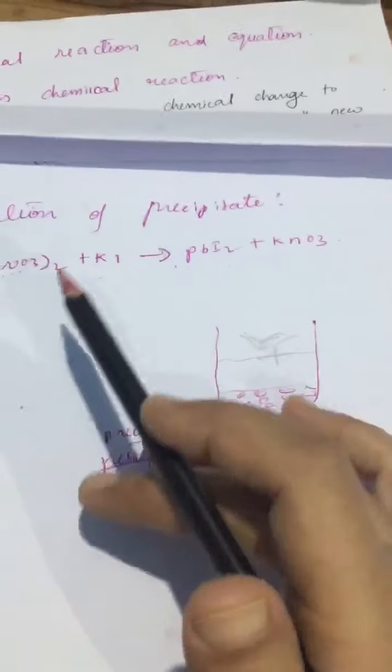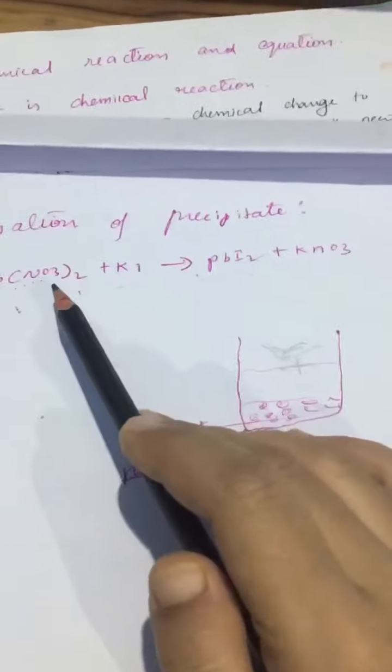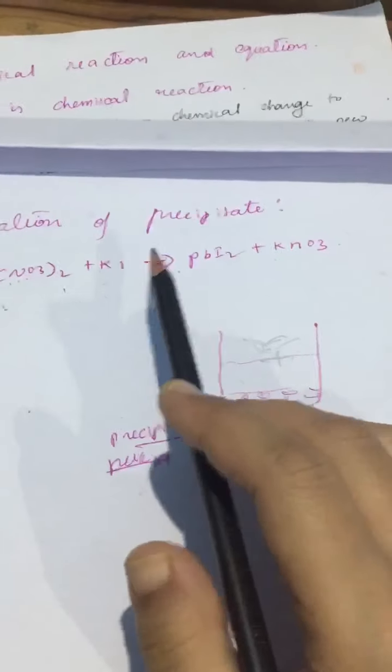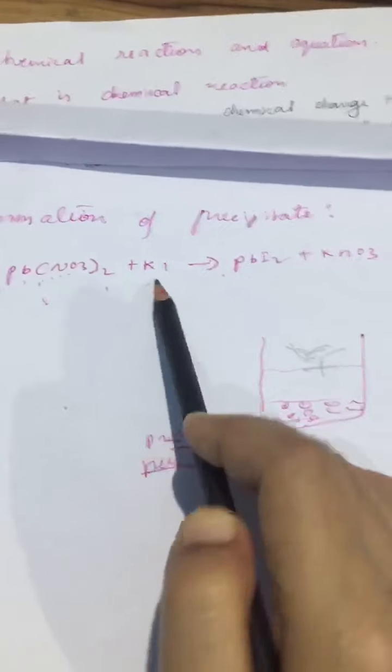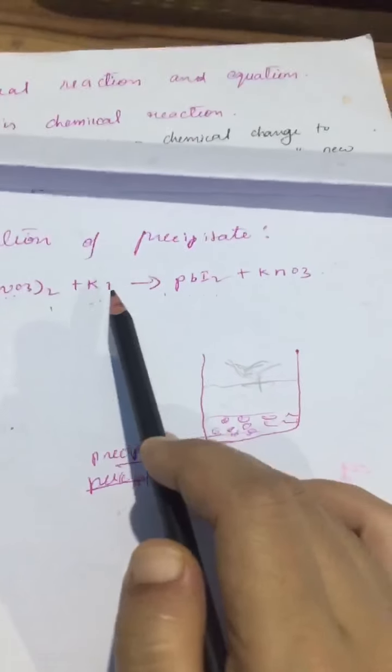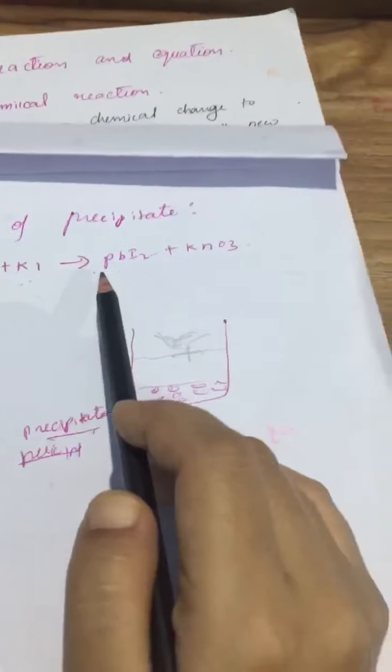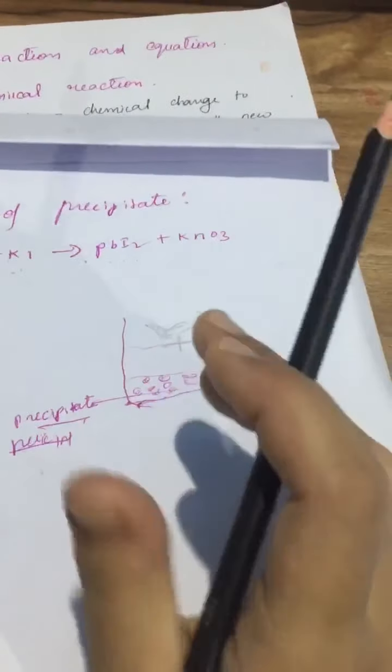Lead nitrate solution plus potassium iodide solution gives potassium nitrate solution, and we get a yellow color.